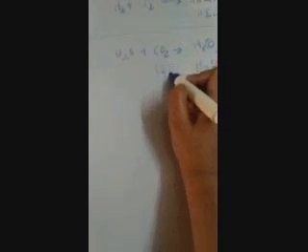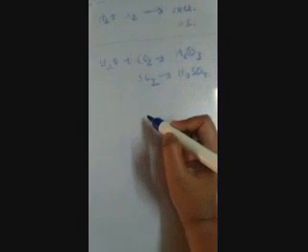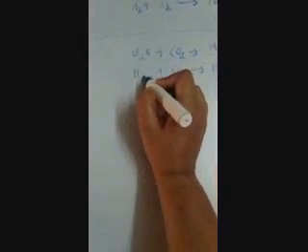Similarly, H2SO4. From acidic oxides, we have told that obviously carbon dioxide, here it will be sulfur dioxide. This is H2SO4, so it will be sulfur trioxide plus water.